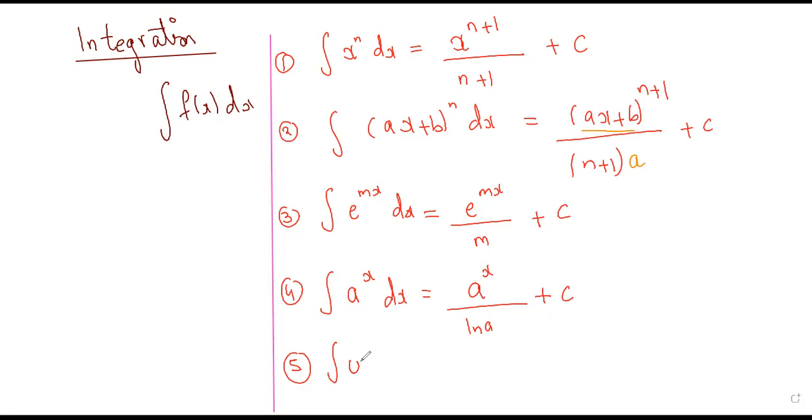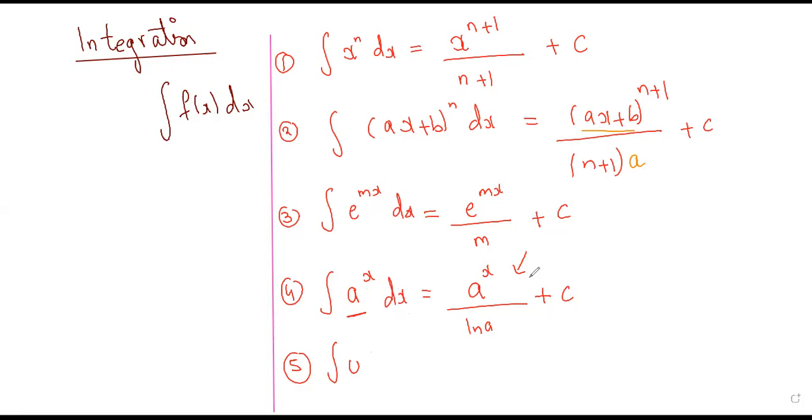If the equation was 1 by ax plus b, then we would have converted it into ln of the mod of ax plus b, over a. Oh, this is for the single term, not for the bracket, right? Yes, you're talking about the fourth part. Yes, we have a to the power x, and when you integrate this, this is what you get: a to the power x over ln a.